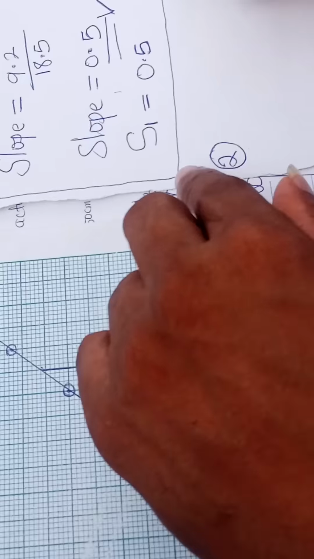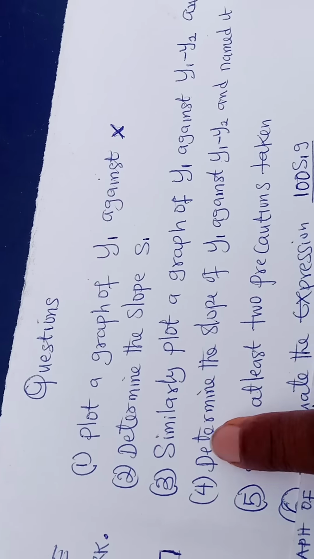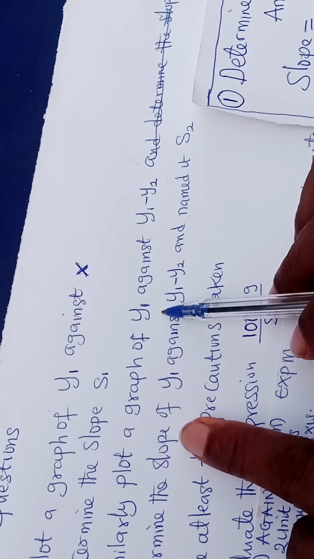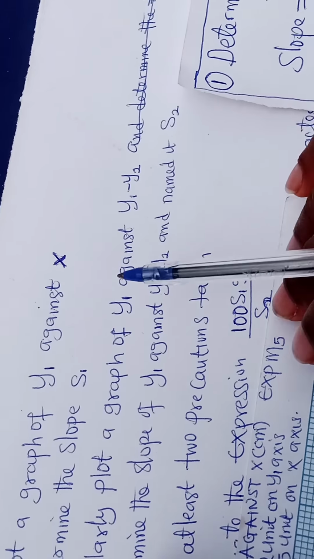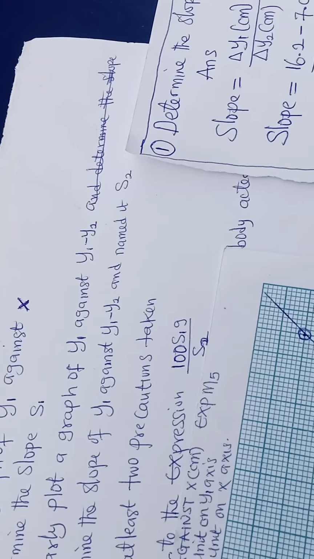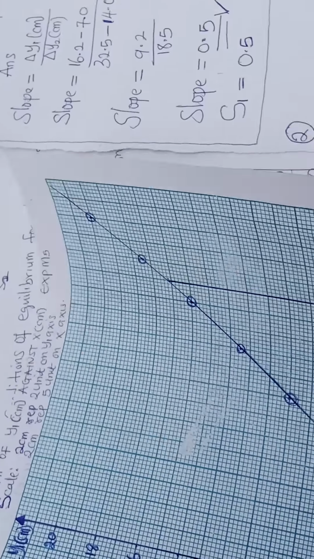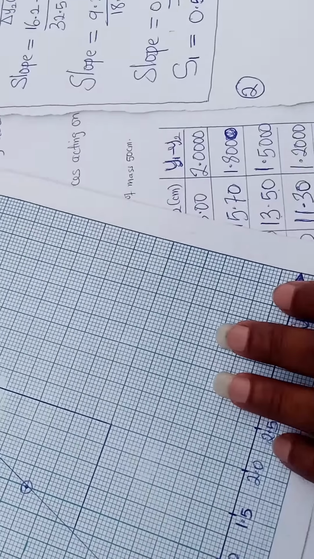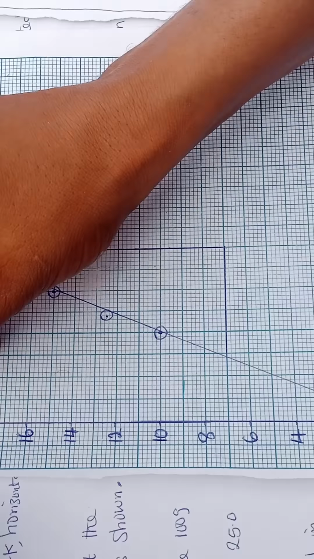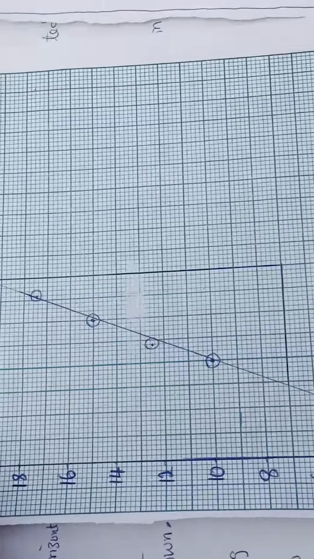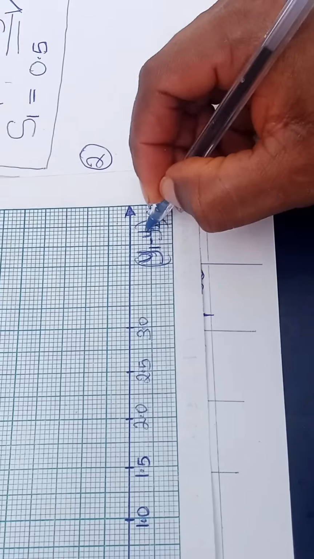Now the next question says we should similarly plot a graph of y1 against y1 minus y2 and determine the slope. So to plot the second graph, look at what I did. This is my second graph, my y1 against y1 minus y2.